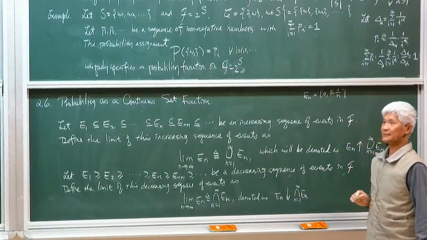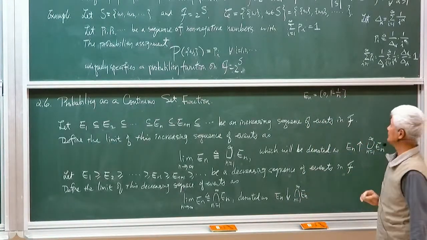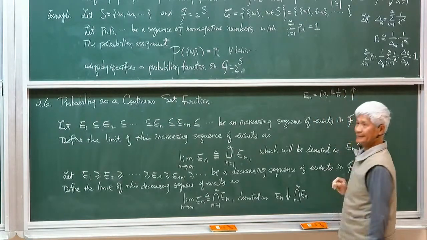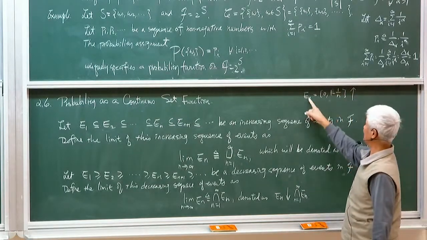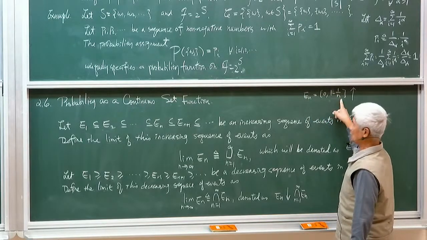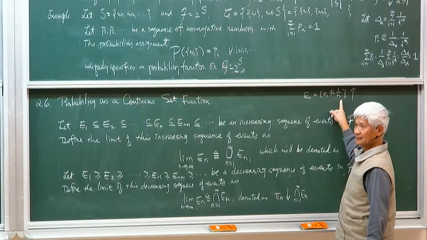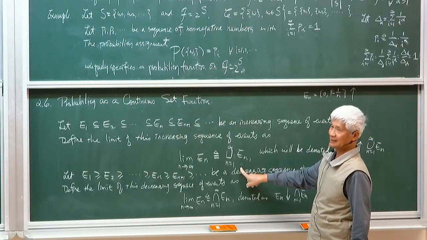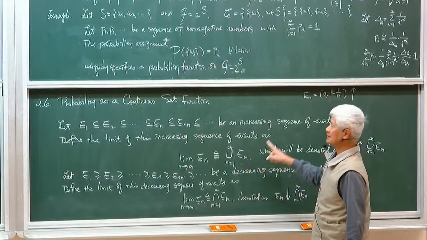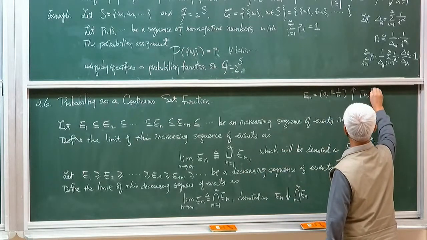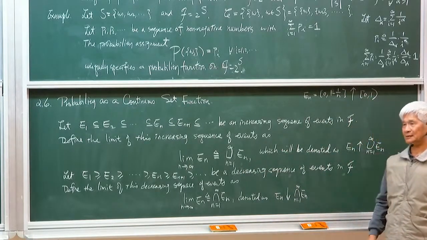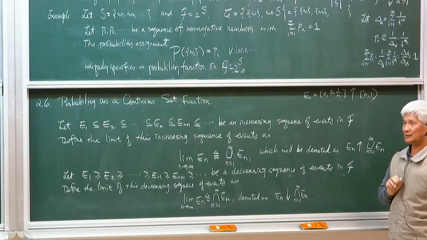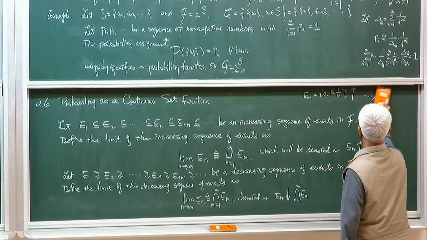So it's this event, and as n goes up, you can see this going up, because when n becomes bigger, this is also bigger. And what is the union? The union will be 0 to 1, but it's open, and it will approach 1 but never reach 1.